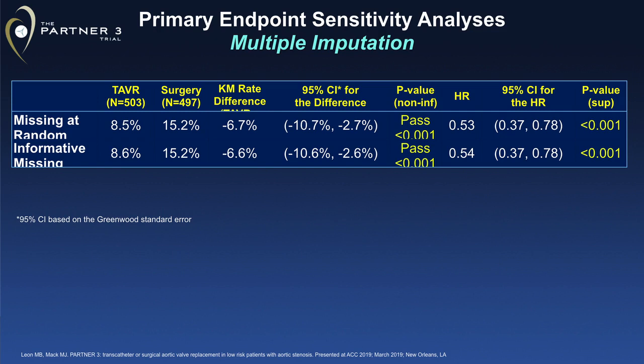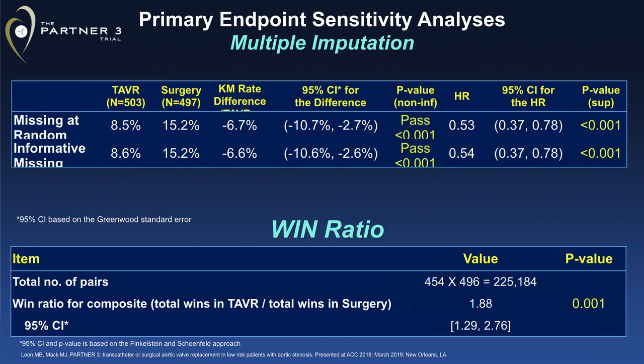So this just basically says intention to treat, not how they were actually treated, but if we intended for them to have TAVR or intended for them to have surgery, you basically see almost the same numbers.